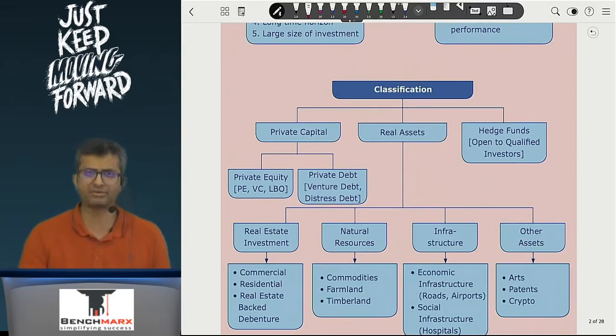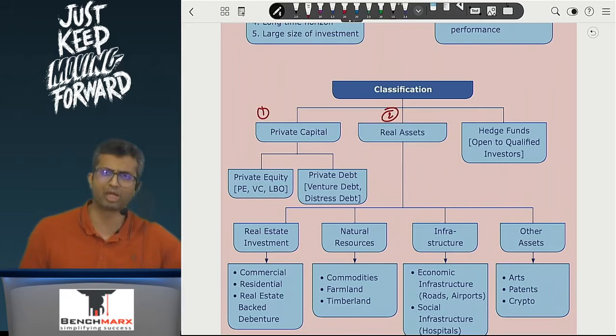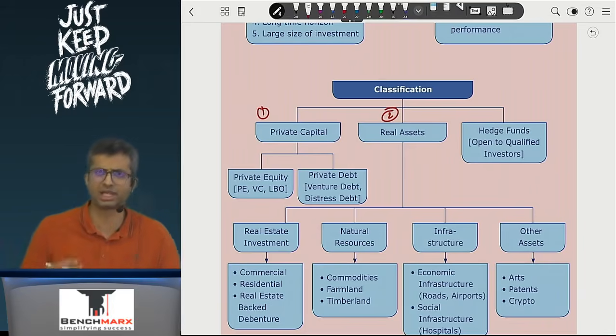Next, you look at the classification. The broad classification will be private capital, which is made up of private equity as well as private debt. Then you have real assets, which can be made up of real estate, natural resources, and infrastructure assets. You will also have other assets like patents, collectibles, art, or even cryptos. And third is hedge funds.